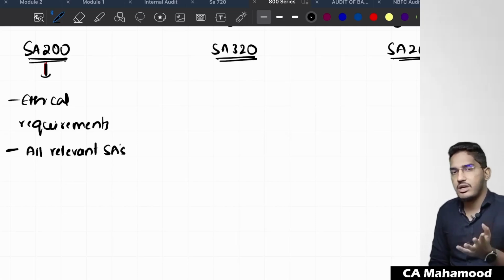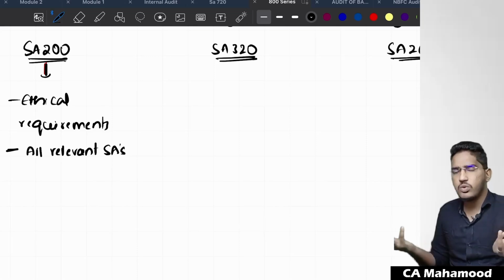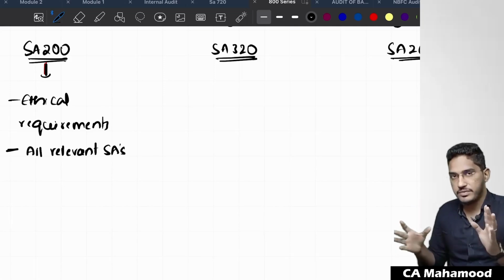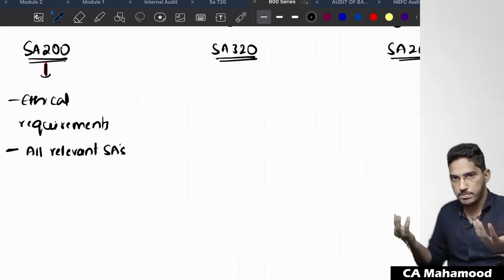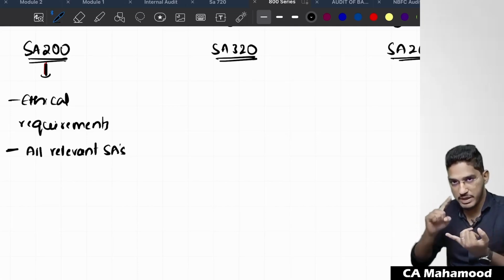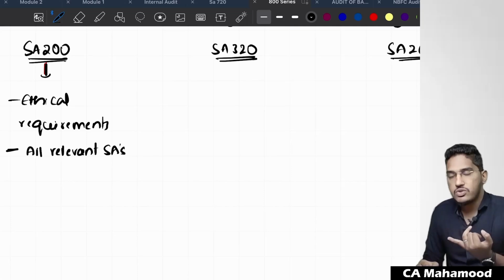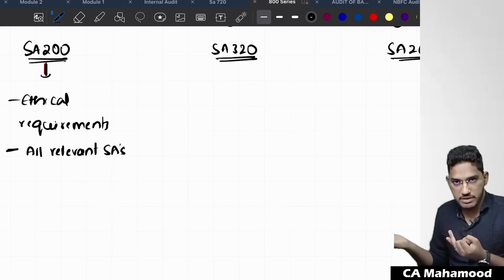For example, you are conducting audit and your client does not have any related party. If there are no related parties, SA 550 has no role to play. Why? Because the conditions given in the standard are not present. SA 550 will become applicable only when you have related parties. Yes or no? Similarly, SA 560 will come into picture only when you have subsequent events.